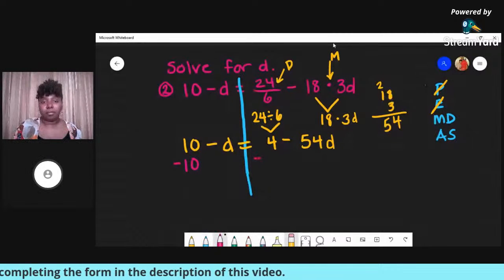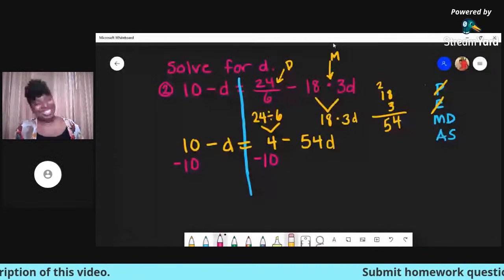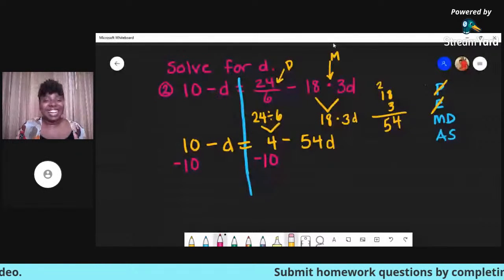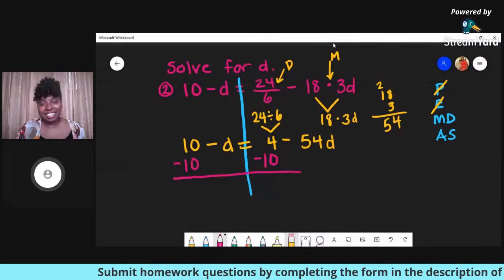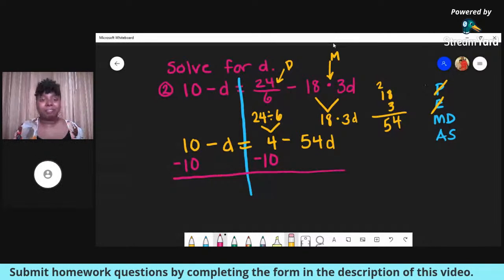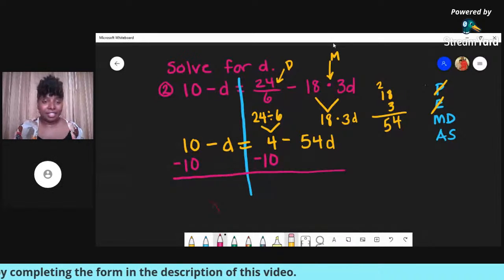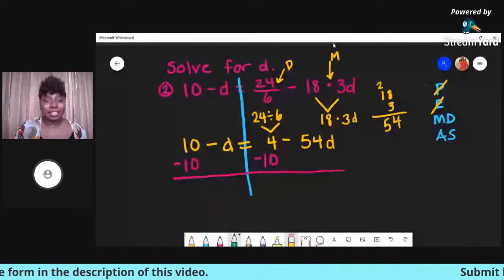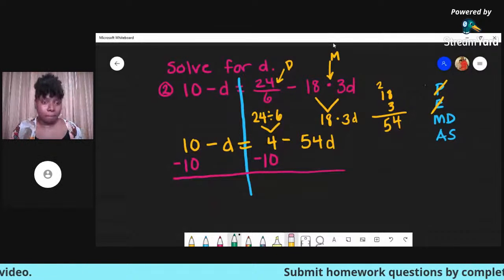This is my logic: I think it's because there is no variable attached to it. There's no variable on the 10, and there's no variable on the 4, so I would take it away from the 4.